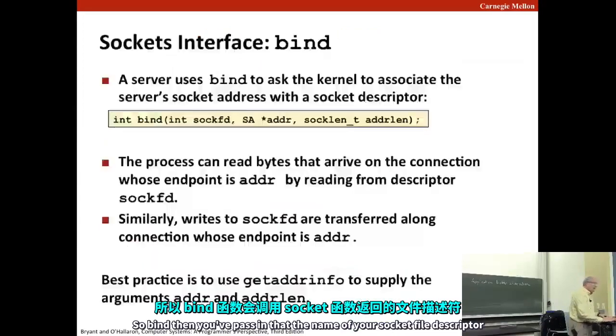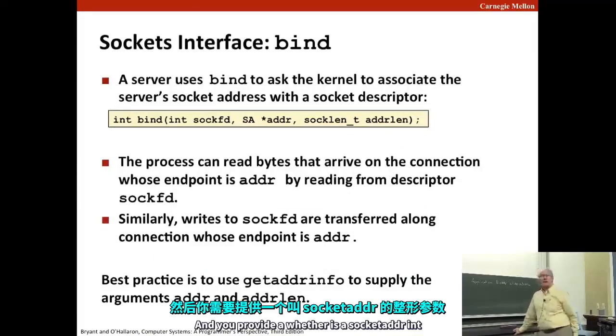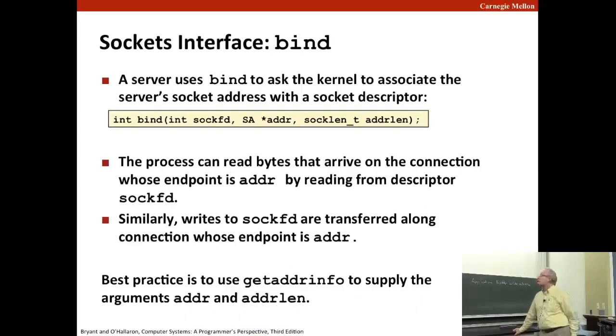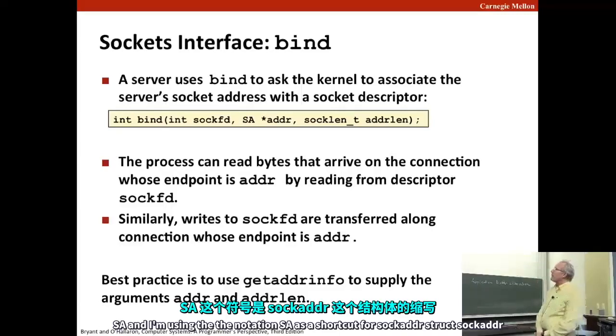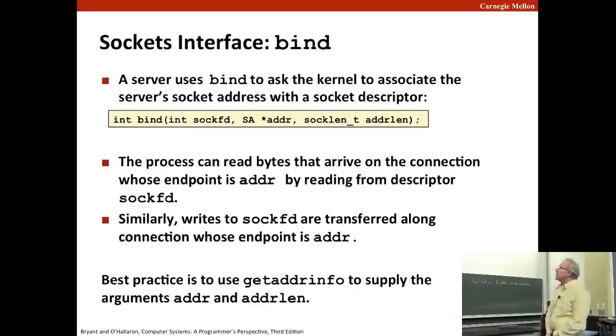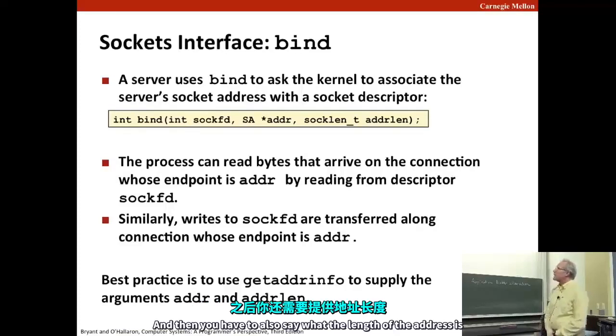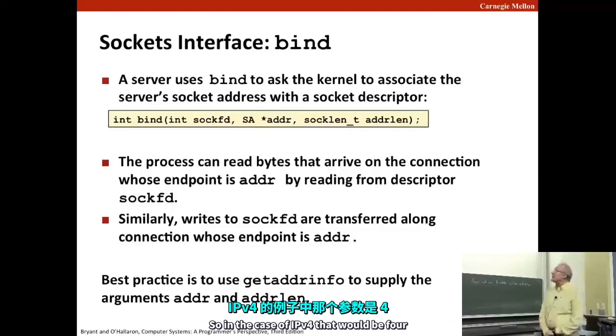For bind, you pass in your socket file descriptor, and you provide the socket address, a struct sockaddr, and I'm using the notation SA as a shortcut for that. Then you also have to say what the length of the address is. In the case of IPv4, that would be 4.